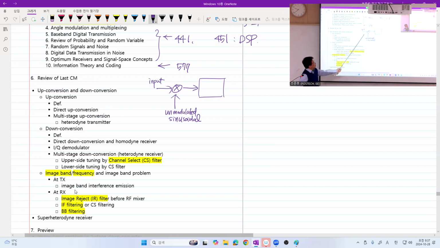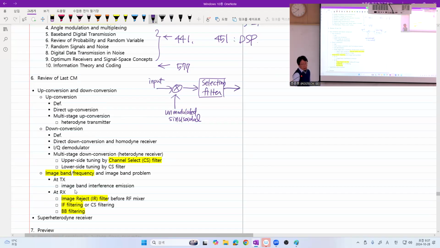Usually, the filter following a mixer is a selection filter. Sometimes it is called a channel select filter, since it removes unwanted signal. But anyway, this is a selection filter.